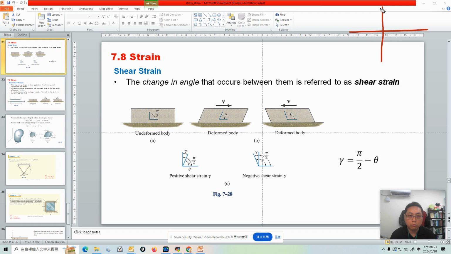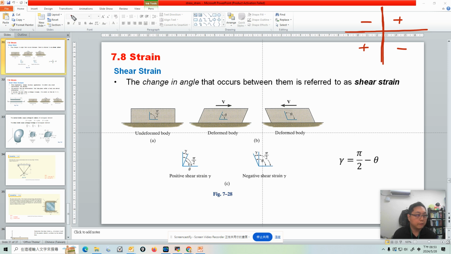We have this cross, and it has 4 quadrants. This quadrant is positive and this quadrant is negative. If we want to determine whether the shear strain is positive or negative, remember this graph. Let's use this method on this situation.